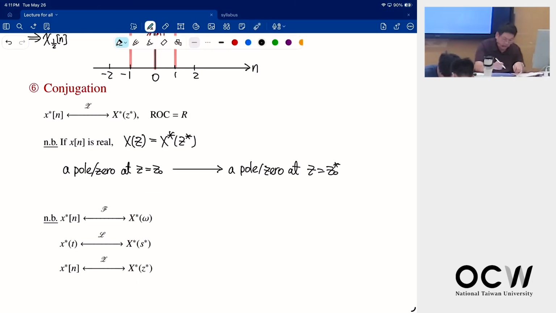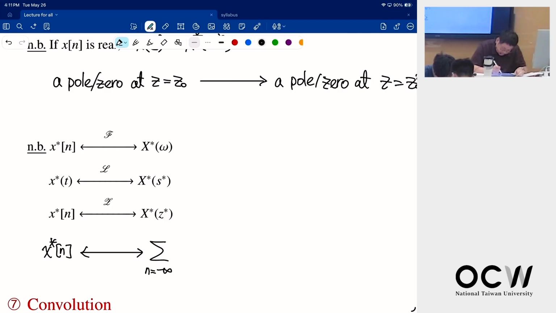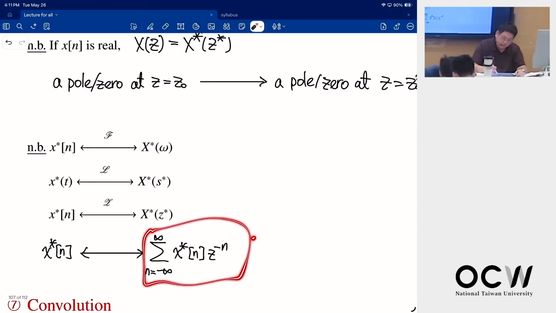Because if I conjugate in time domain, in z domain, let's see, this is by the definition, right? But I can manipulate this.